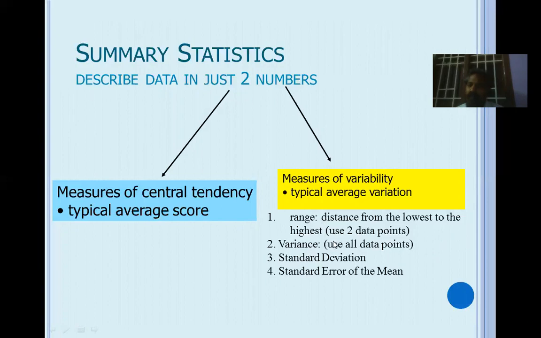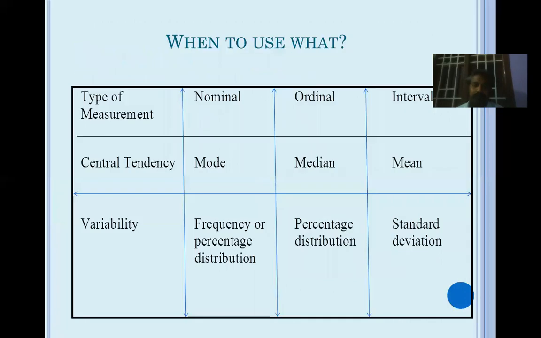You go for standard deviation: you just take the square root of variance, and you get standard deviation. And you get the standard error of the mean, which is nothing but the standard deviation of the sampling distribution. So you can use all these measures to show the variability of your data.